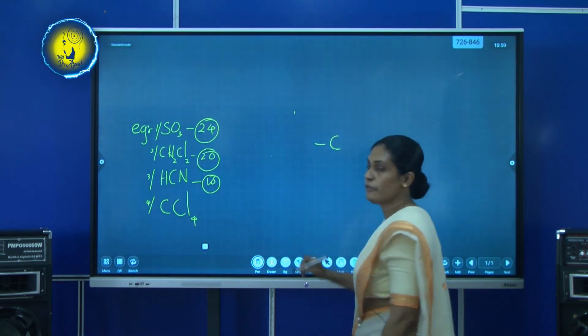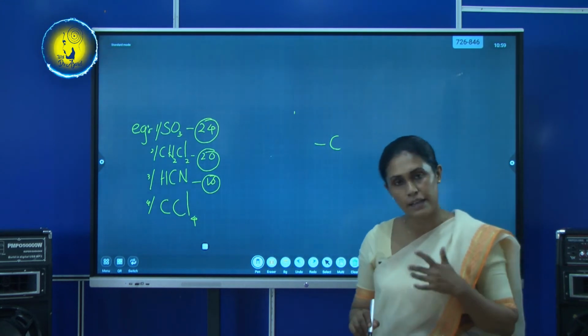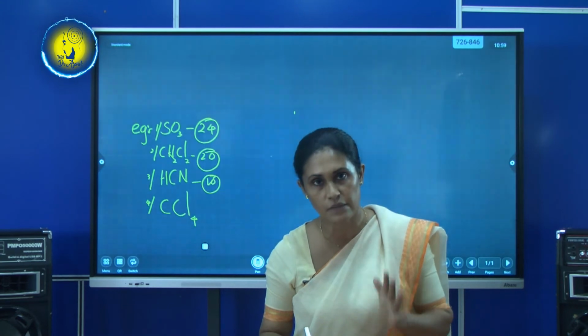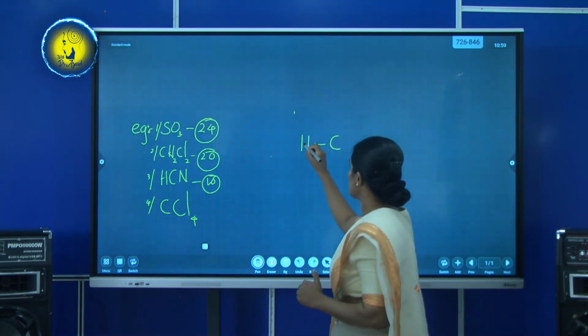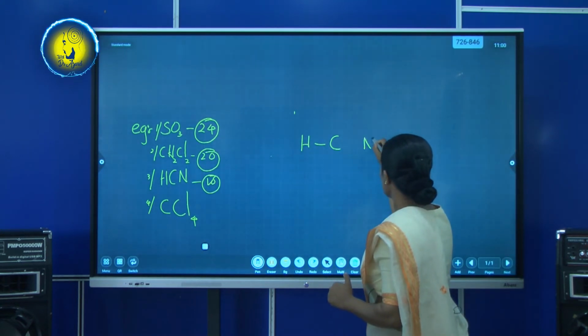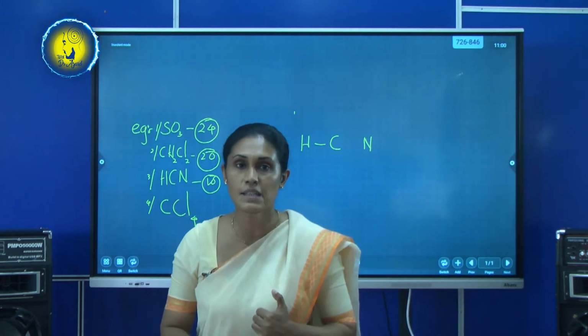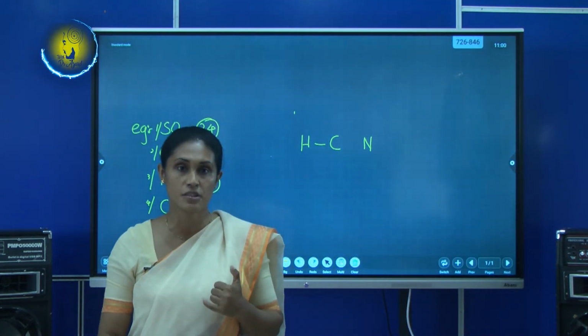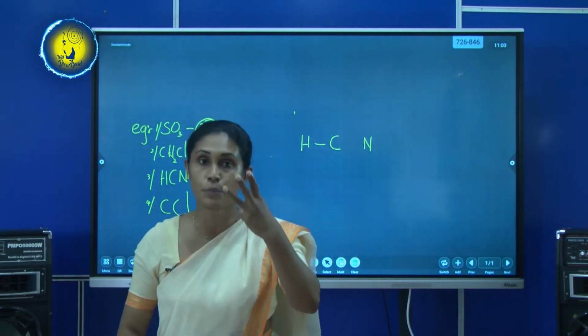Hydrogen and carbon, what could be the bonding? Whenever we use hydrogen, hydrogen doesn't have any option, it will form a single bond with carbon. And I hope you can remember when you were in IGCSE class, you have drawn the diagram of diatomic nitrogen. In between nitrogen and nitrogen there are triple bonds.